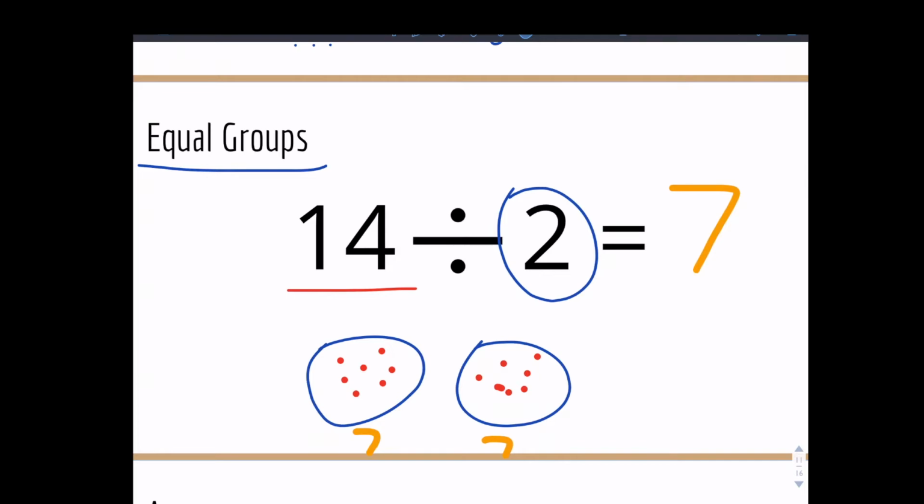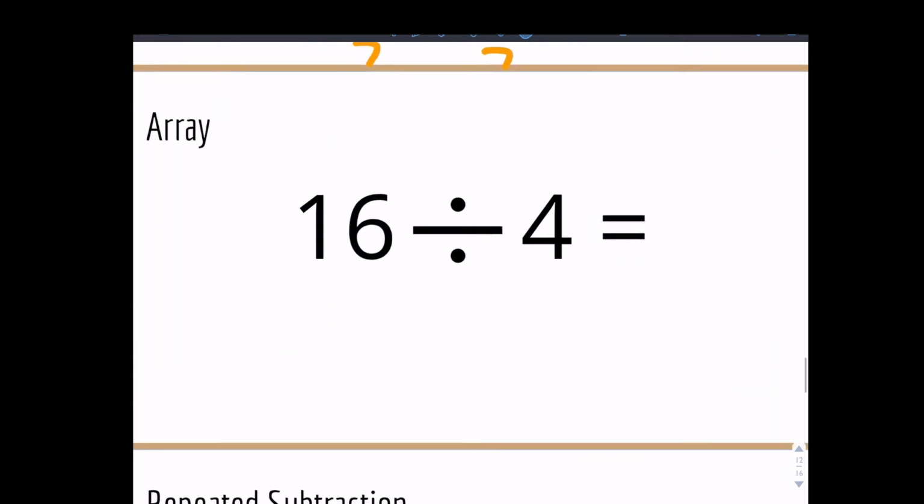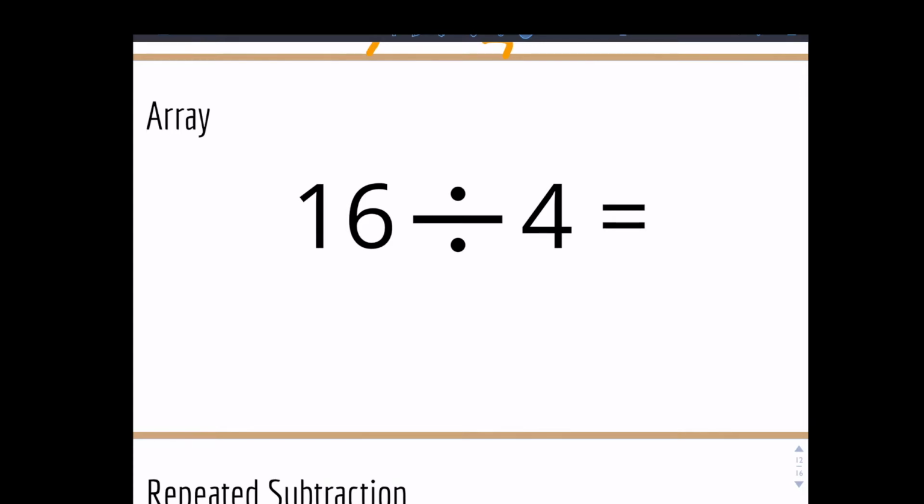Very important that they are putting one at a time, so that way they're realizing, oh, well, do they all have the same? Can it be divided? And making sure for that. So this one, same thing as far as an array goes. With division, you don't have the other factor yet, and so you could either look at there are 4 rows or there are rows of 4.